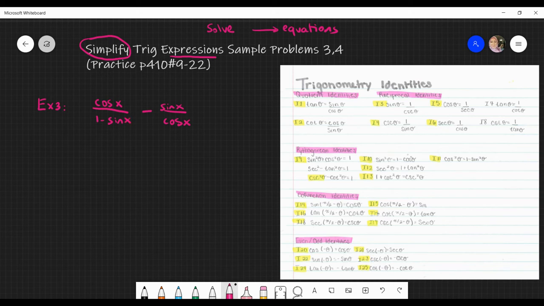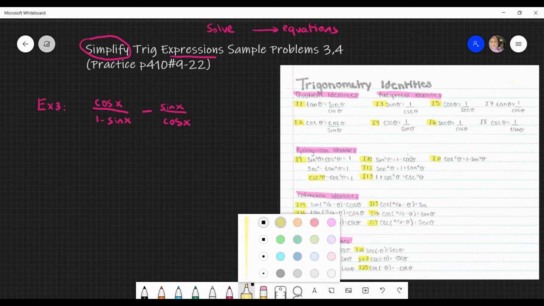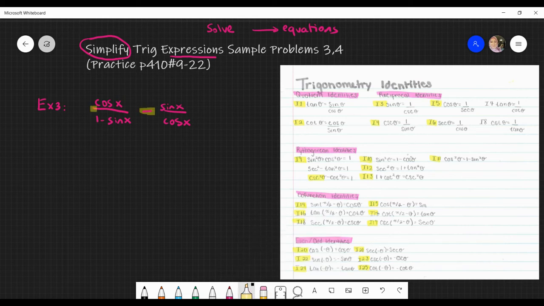So I see we're subtracting, and more specifically we are subtracting fractions. So the first thing that should come to our mind is a common denominator. Let's take an example with numbers. 3/4 minus 1/5. We are subtracting fractions.